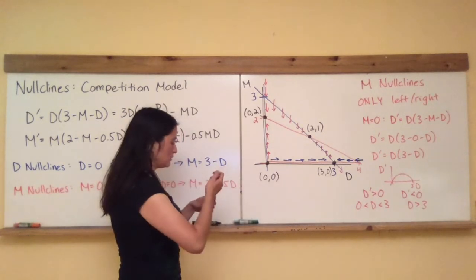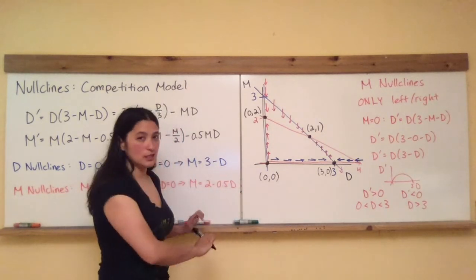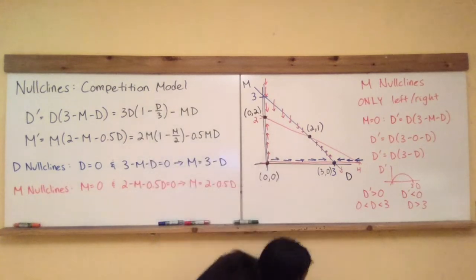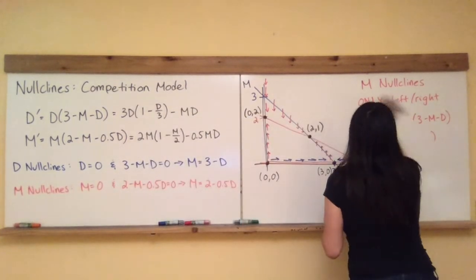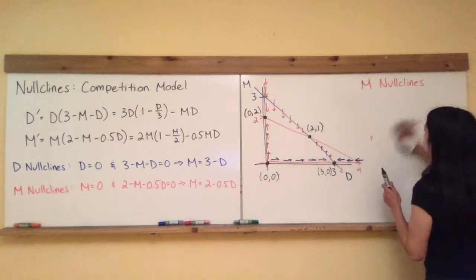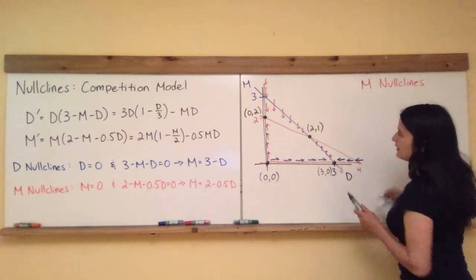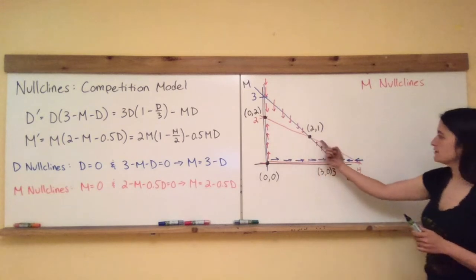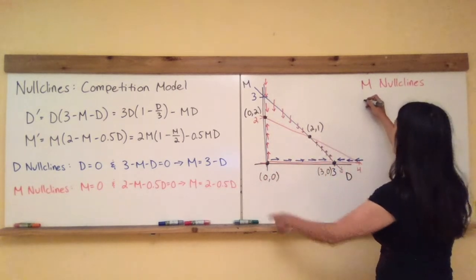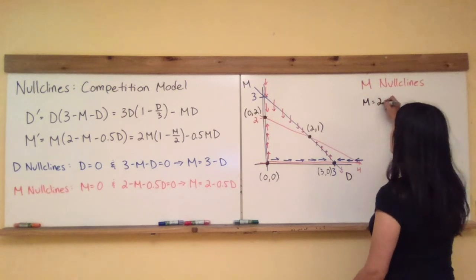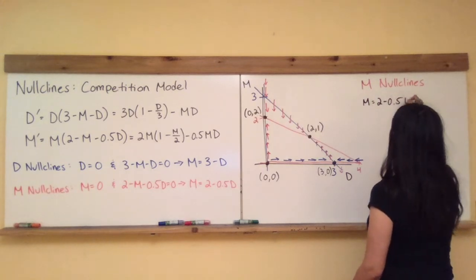Okay, now let's go to the more complicated nullcline, and I'm going to do it in black like before so that it's more readable. Okay, so we've only got left and right behavior. Now we've got this nullcline to deal with here, this one like that, and that is the nullcline where M is equal to 2 minus 0.5D.